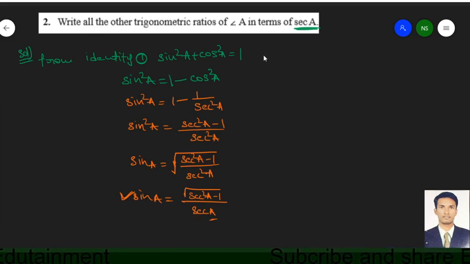And the second thing is very easy. Cos A we can write directly 1 by secant A.